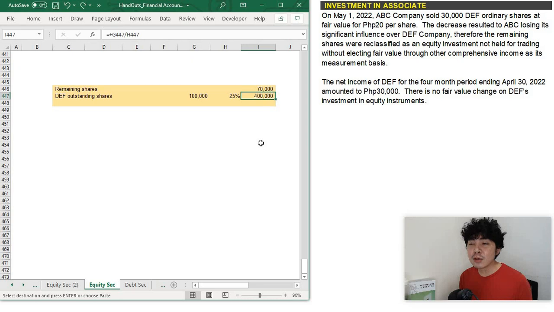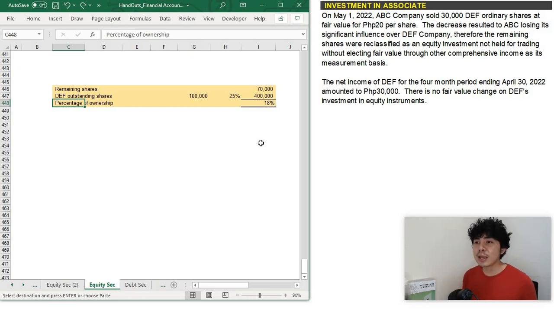So, 70,000, the remaining shares, divided by 400,000, that is 18%. So, kaya nawala ang significant influence kasi bumaba ang ating percentage of ownership lower than 20%. So, yan ang ating remaining percentage of ownership. At dahil dyan, nawala ang significant influence, kaya hindi na tayo mag-equity method.